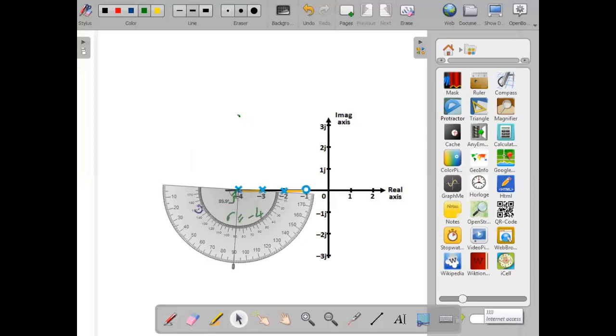Tilt the protractor and let us mark for 270 degree. This angle is 180 degree, 190, 200, 210, 220, 230, 240, 250, 260, 270. Exactly. This region is 270 degree. Let us mark for 270 degree.